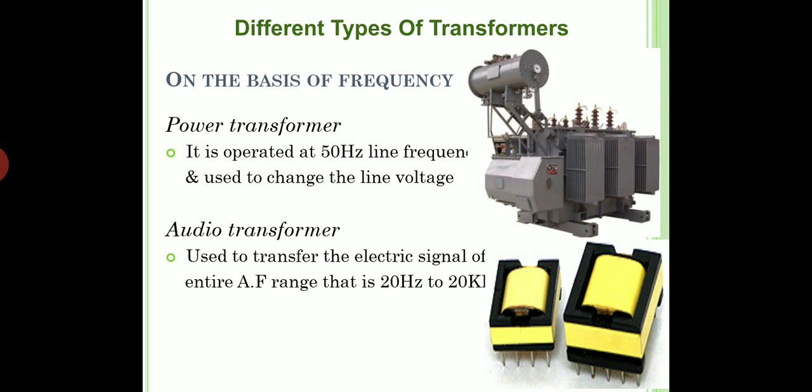It will transfer and work efficiently in this audio range, 20 hertz to 20 kilohertz. Just now we have seen that it is meant for transferring from the audio amplifier to the load, that is a loudspeaker. That's the main purpose of audio AF transformers.